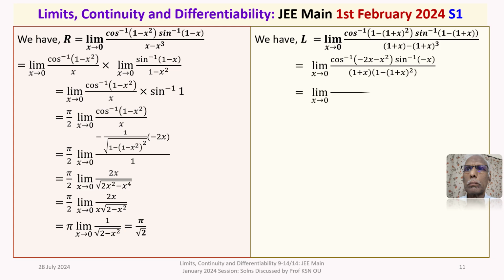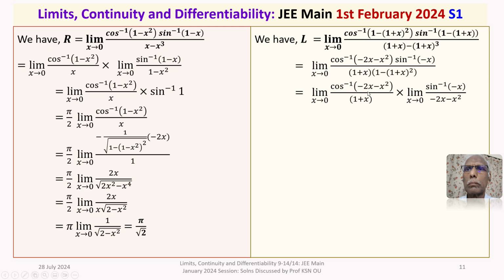Now, that's equal to limit x tends to 0 cos inverse of (minus 2x minus x square by 1 plus x) into limit x tends to 0 sine inverse of minus x by (minus 2x minus x square). Agreed. As x tends to 0, this is cos inverse 0 by 1.